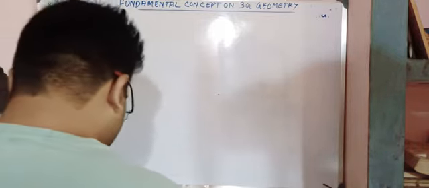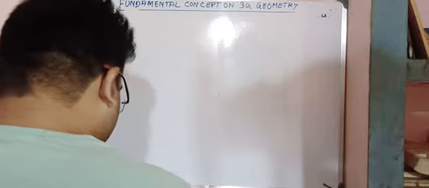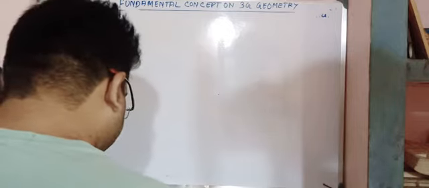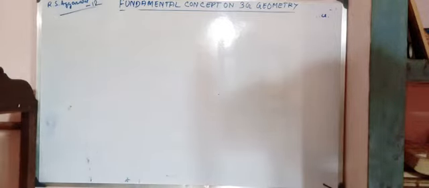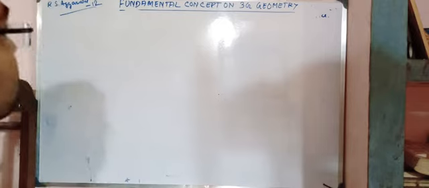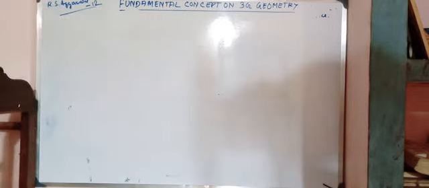The first question. Let us take one question. There are various types of examples given in the R.S. Agarwal math book. I suggest you viewers go through the examples and solutions from R.S. Agarwal, a very good book.